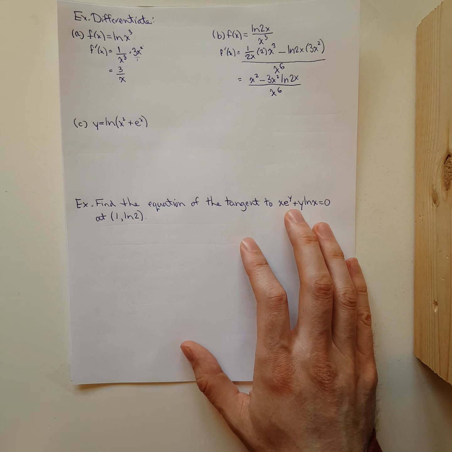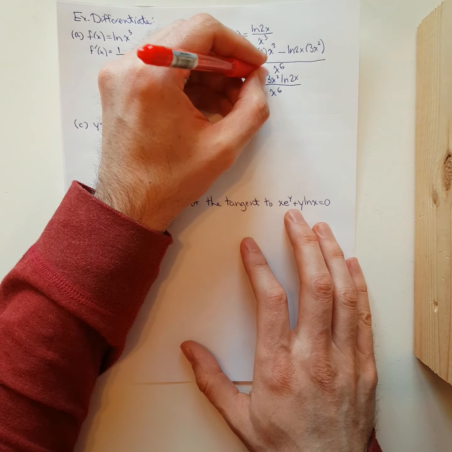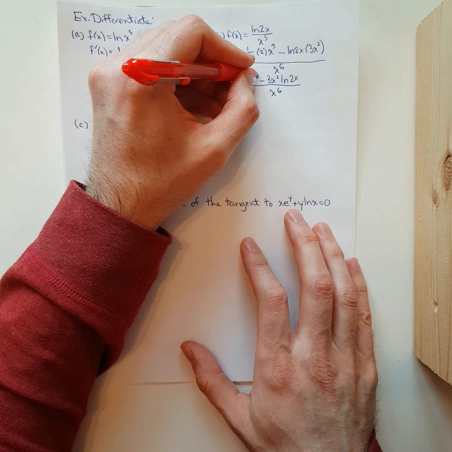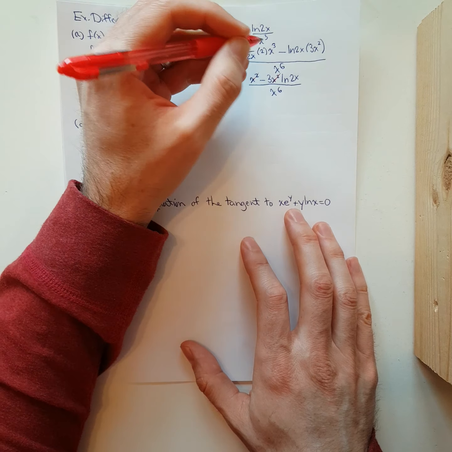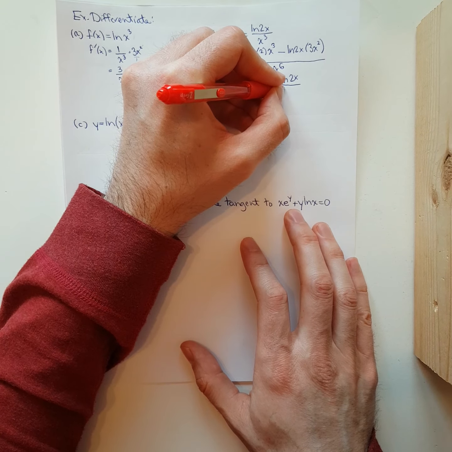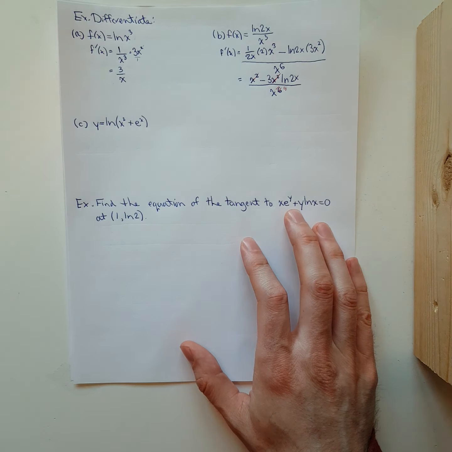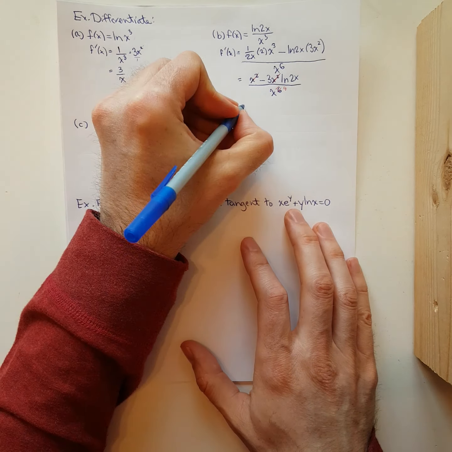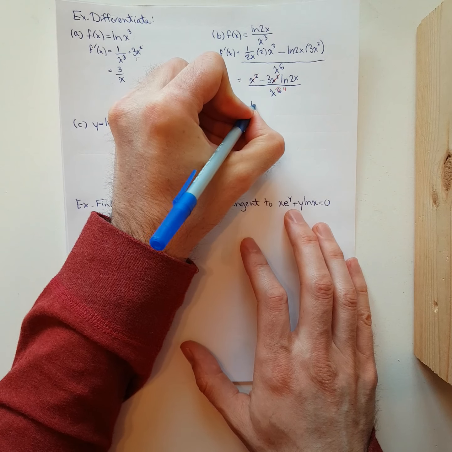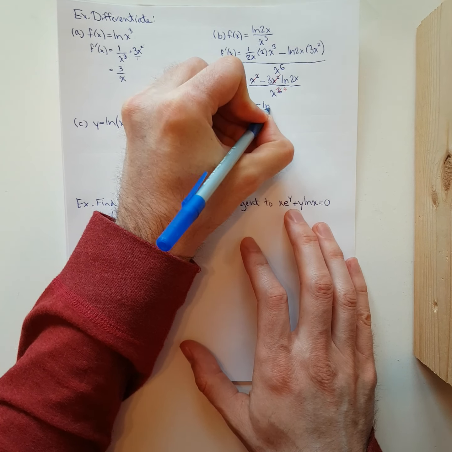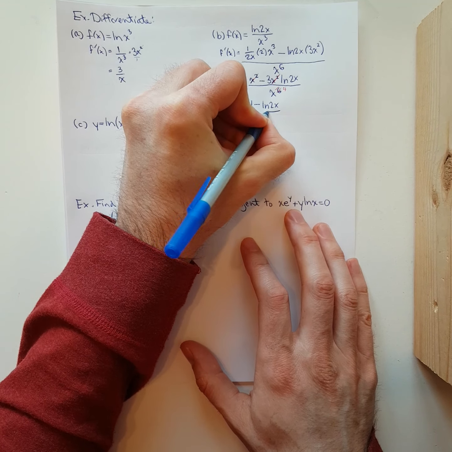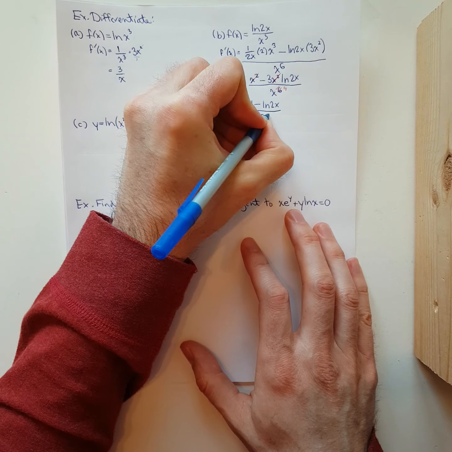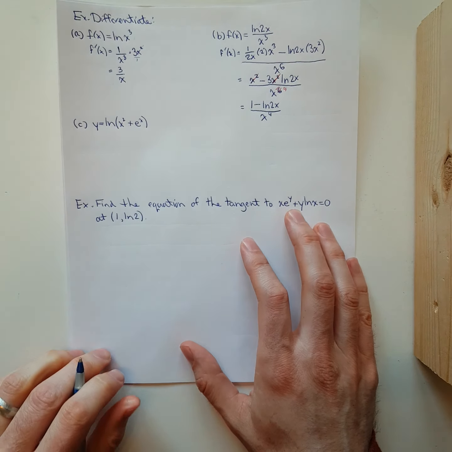And then lastly, we can look at all 3 terms here, and we can divide out an x squared here, an x squared here, and an x squared here. And if we do that, we end up with 1 minus ln 2x all over x to the exponent 4.